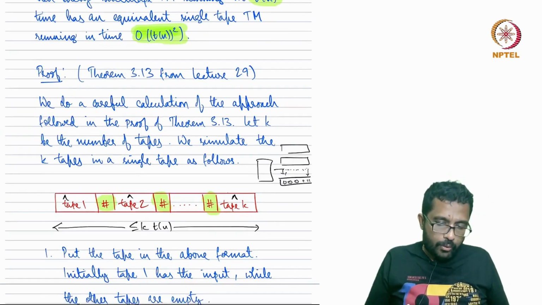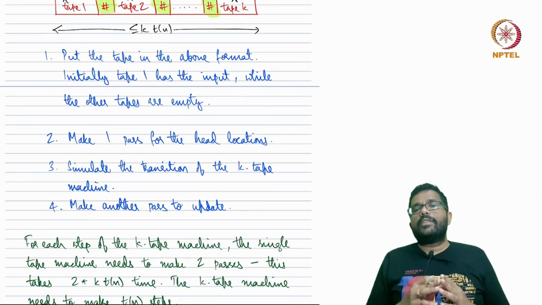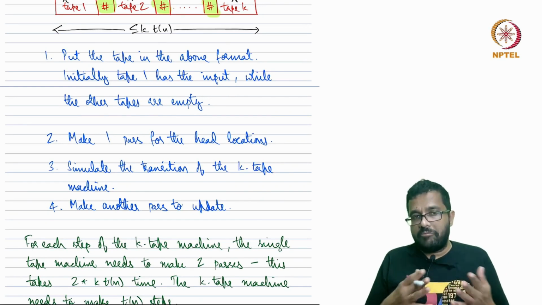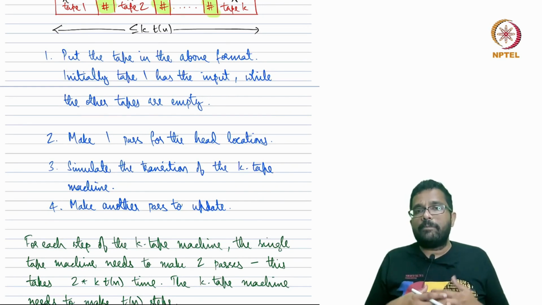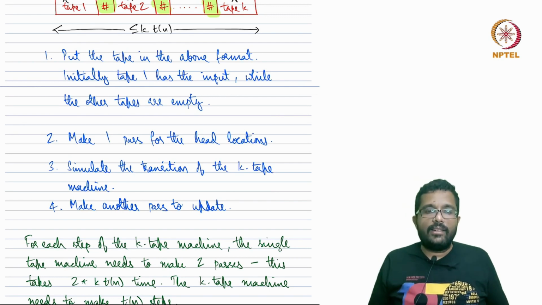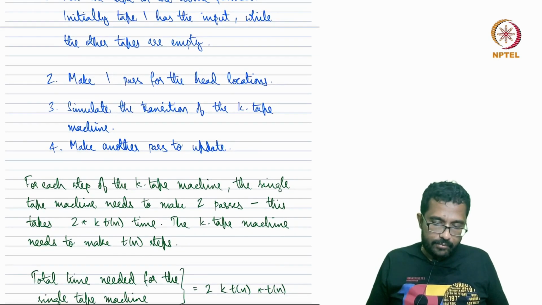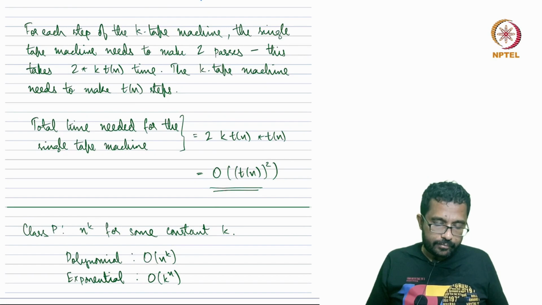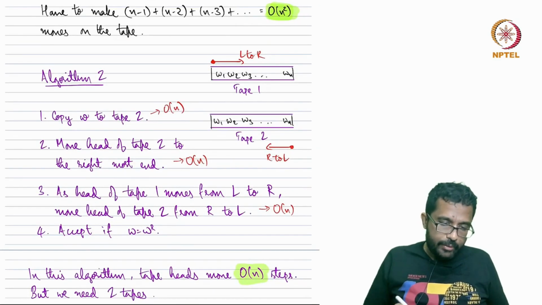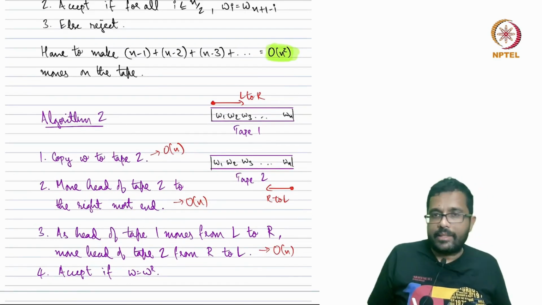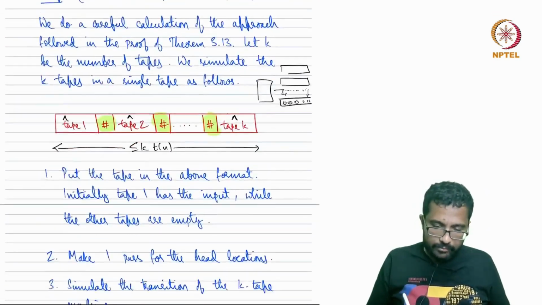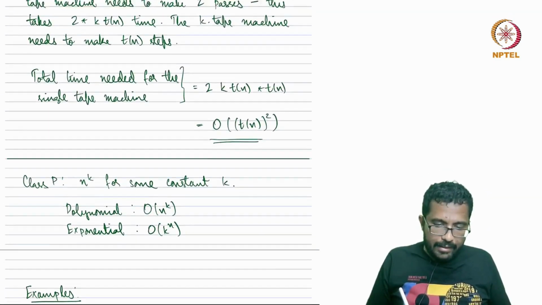All that says that if the running time of the multi-tape Turing machine is t(n), then the single tape simulation takes at most t(n) squared time asymptotically, which matched what happened in the case of palindrome. In a way, it is good to know.